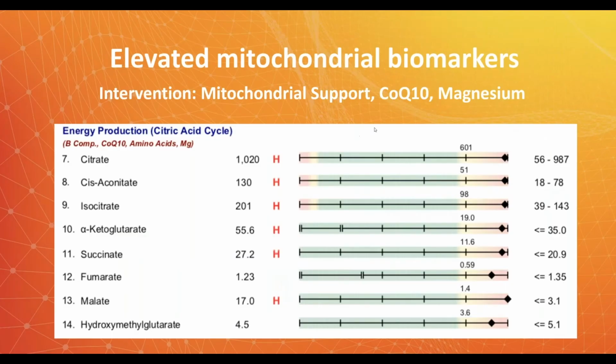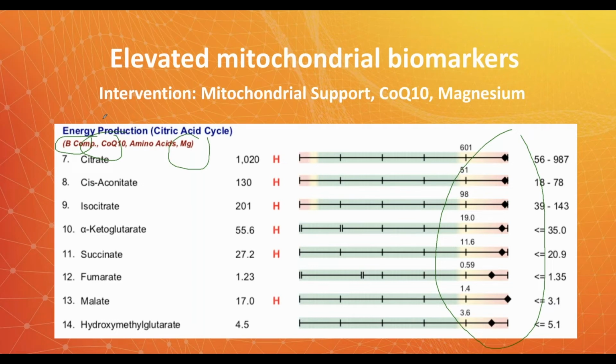You can see that right here in this example, where we're measuring the citric acid cycle, and you see all these high markers. That means the person is deficient in B vitamins, CoQ10, magnesium, probably amino acids. You give those nutrients, the person's pain will get better. They're going to feel less inflamed.